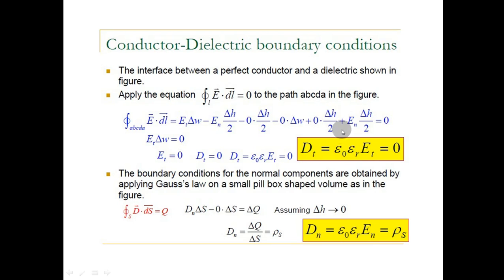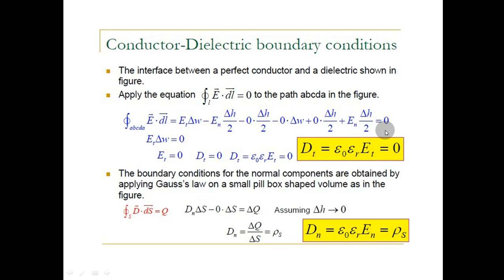Et and En are the tangential and normal components of the electric field intensity of the dielectric medium. In the dielectric medium, all the tangential and normal vectors are present, but in a conducting medium or conductor, the electric field vector is not present, so the normal and tangential vectors will also not be present.